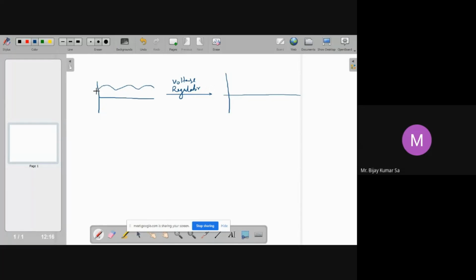Suppose this signal touches a peak value of let's say 2.5 volt, and this is somewhere at 2 volt. Suppose I have designed a voltage regulator which restricts the output not to go beyond 2 volt. So what will happen in response to this? Let me draw it one below the other, that will be better.